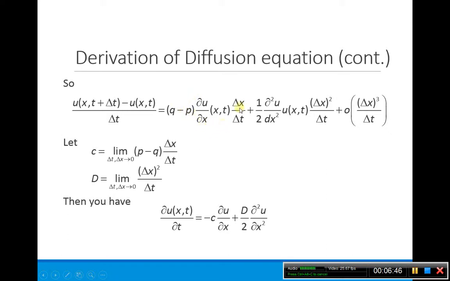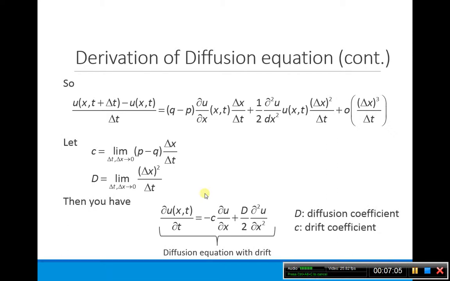These two terms here are combined to be our c times our partial with respect to x, plus, the limit here was our d over 2, so here's the 1/2, times our second partial with respect to x. And so again, this is just the diffusion equation with drift, where here d is the diffusion coefficient and c is our drift term.